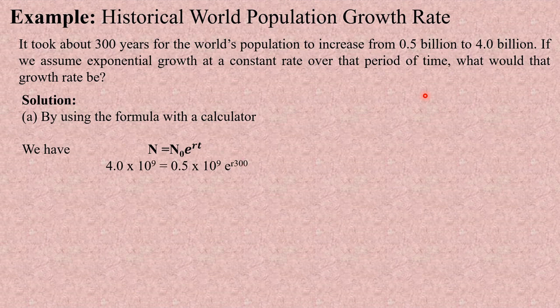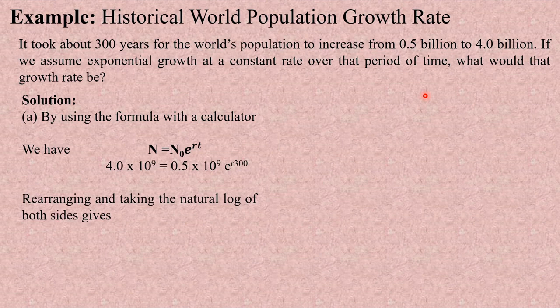So by putting these values and taking the natural log of both sides, we'll find that r is 0.00693, or if we convert this fraction into percentage, then that is 0.693%.